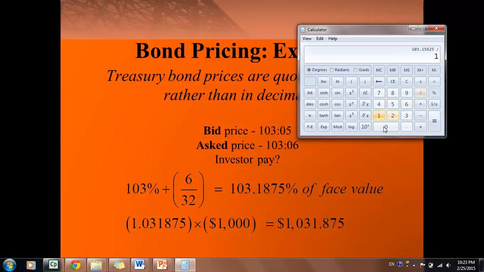So divided by 100 and times 1000. So the investor, whoever is giving this bid price, is willing to buy this at $1,031.5625. Notice that the bid price is lower than the ask price. The ask price is $1,031.875. The bid price is $1,031.5625.